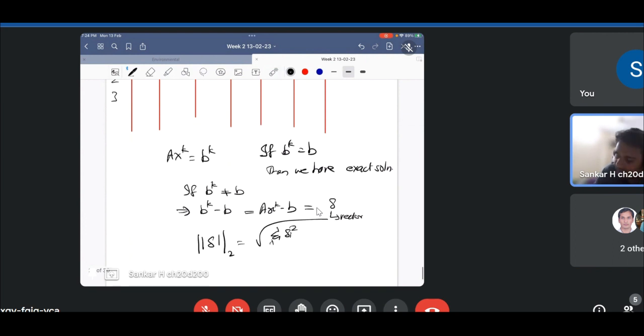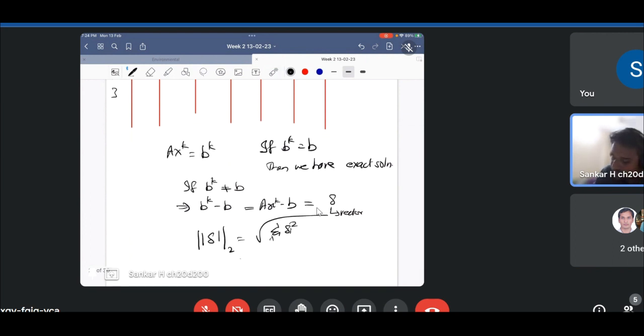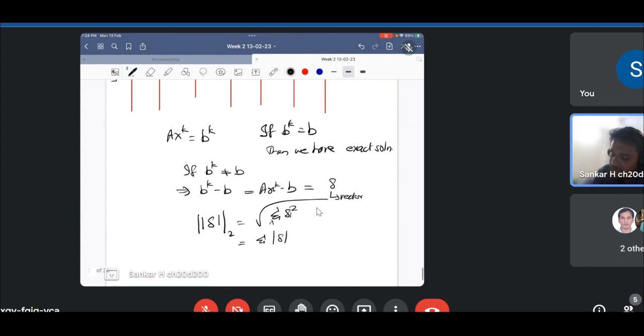There are various other methods also: the sum of the modulus of delta is also there, and the square root of the sum of squares is also there.